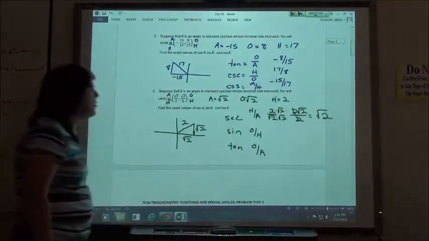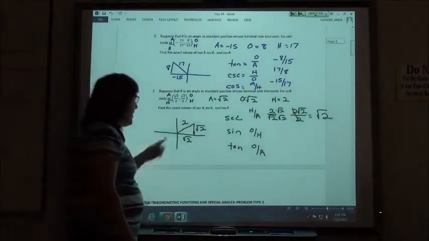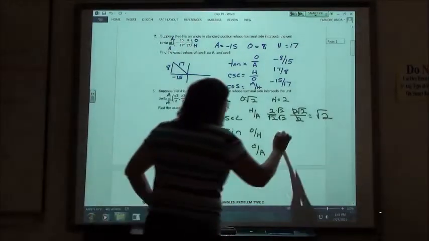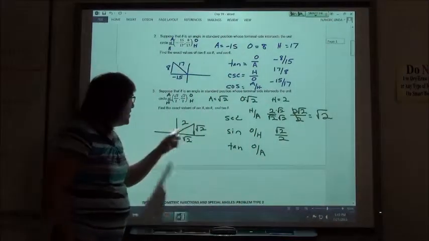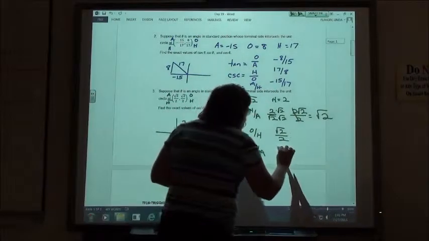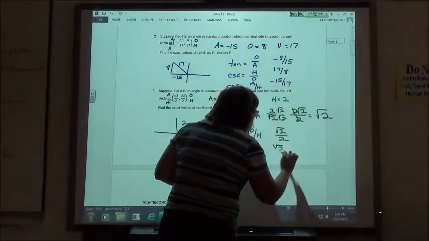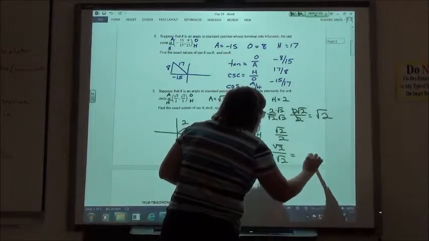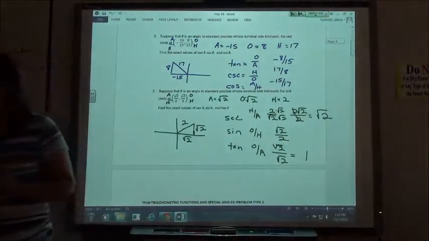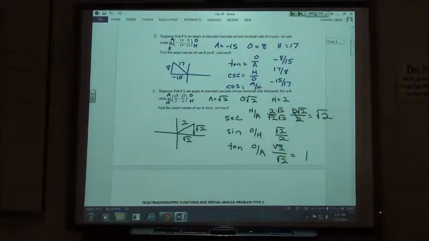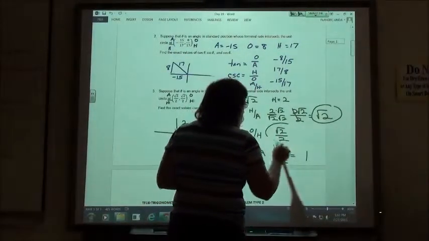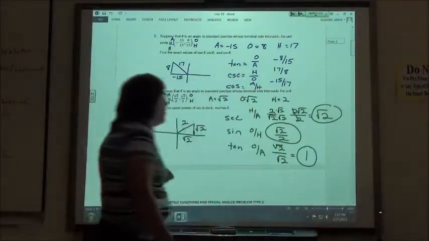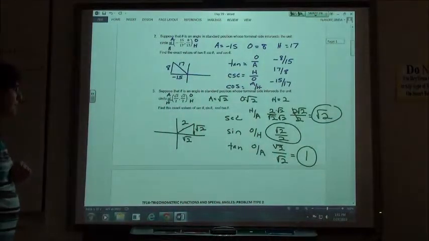Just gives me square root of 2. My sine, opposite over hypotenuse, square root of 2 over 2. And my tangent, opposite over adjacent, square root of 2 over the square root of 2, just gives me a 1. So I get square root of 2, square root of 2 over 2, and 1 for my 3 answers.